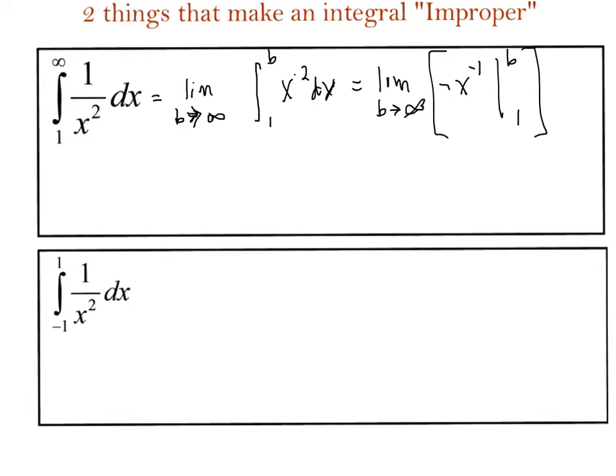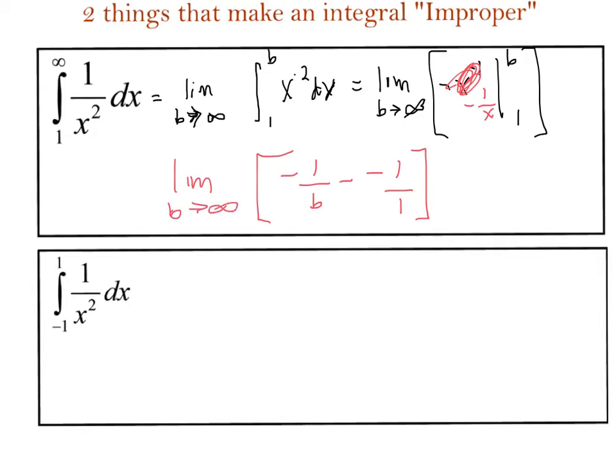Well, negative x to the negative first, that's negative 1 over x. So when I plug in b, I get negative 1 over b minus negative, now I plug in 1, I get 1 over 1. Okay, and I'm still taking the limit as b approaches infinity.